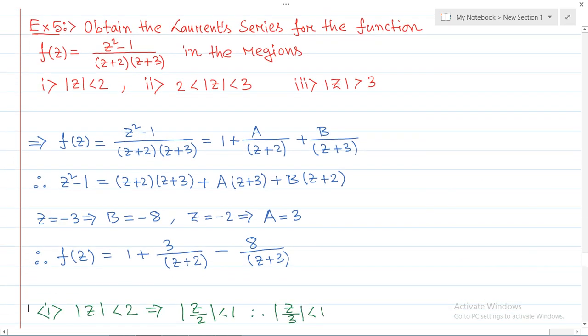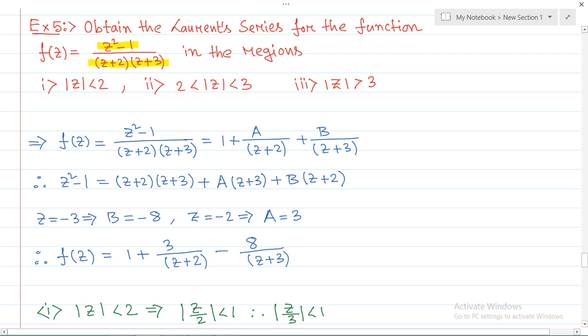Let us come to the next question of the Laurent series expansion. That is very interesting. The interesting part is about the partial fraction here. Most students made mistakes for this kind of partial fraction. Here the function is given as z square minus 1 divided by z plus 2 into z plus 3.